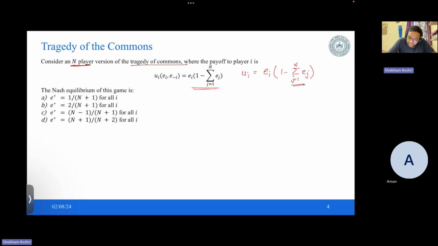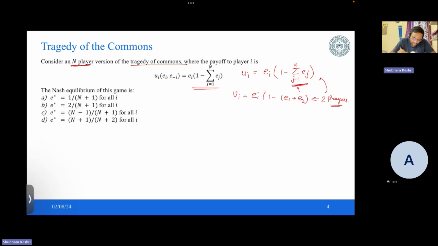This sum is actually representing E1 plus E2 plus E3 plus E4 and so on till En. And when we have two players, we'll just write it as E_i times 1 minus E1 plus E2. So similarly, for n players, this will be the utility.